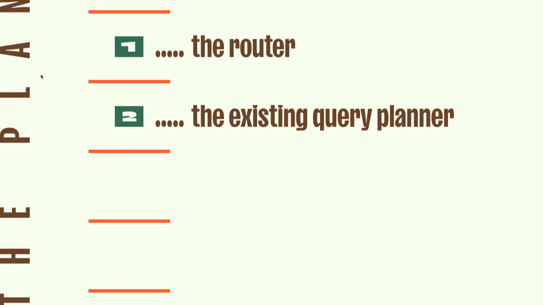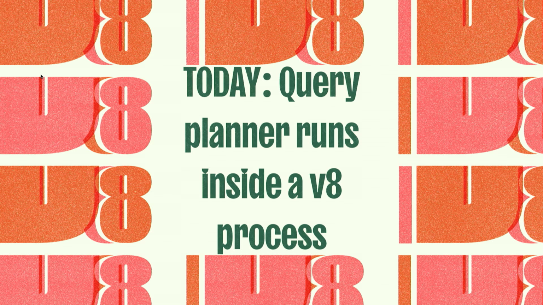So let's talk about the existing query planner and why it has become something that's visible. A lot of this, and perhaps not a surprise to a lot of people, is because we run this inside a V8 process. All the planning happens via an external process.